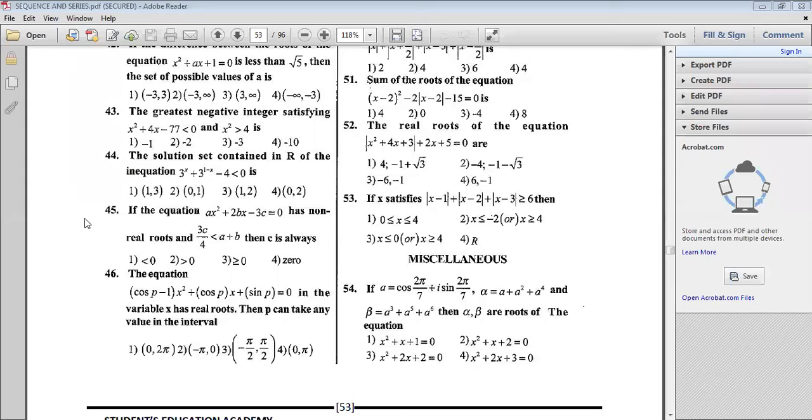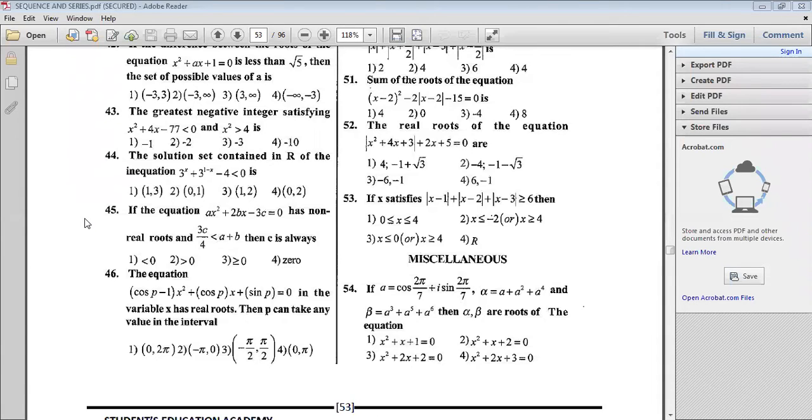If the equation ax square plus 2bx minus 3c is equal to 0 has non-real roots and 3c upon 4 is less than a plus b, then c is always.